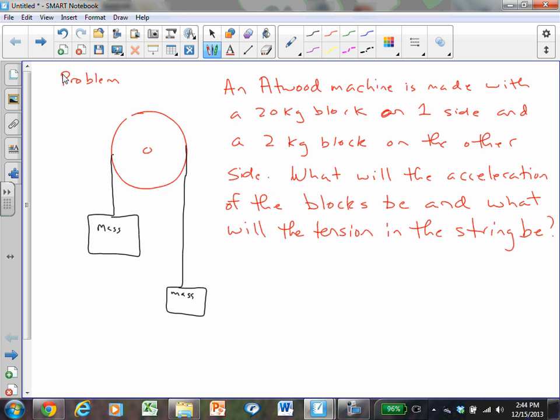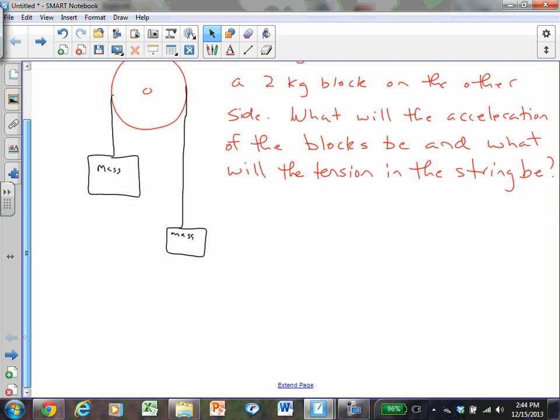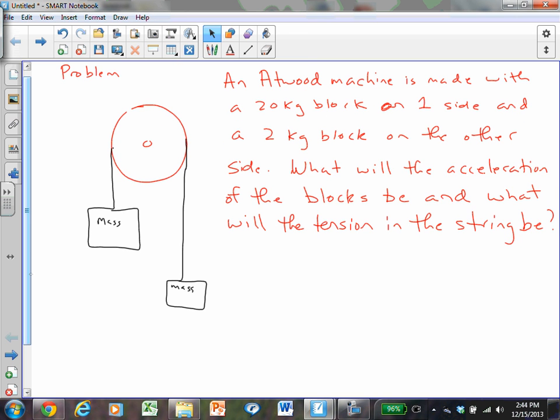Okay, so for a problem like this, you draw two free body diagrams and make use of the second law. So let's make this the blue mass. We'll make that 20 kilograms. And this one over here is our 2 kilogram mass. Now they have the same acceleration, because it's the same string.